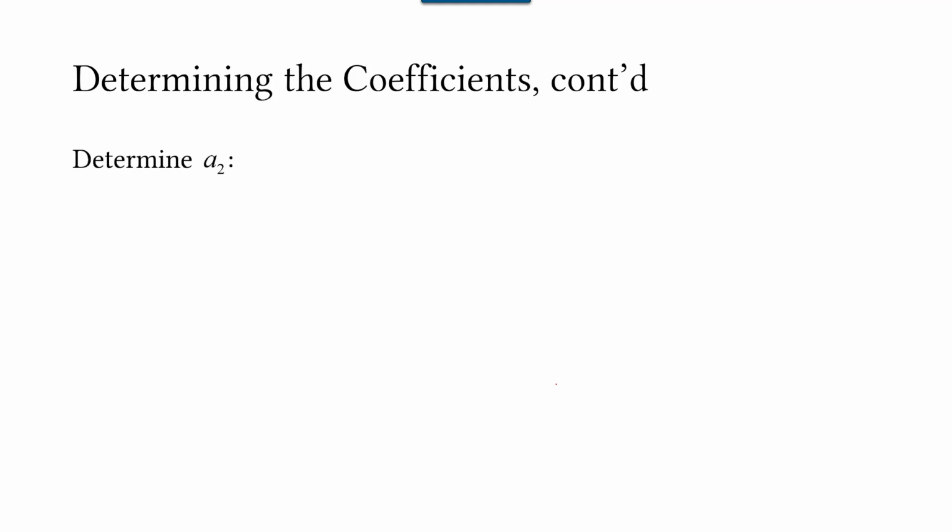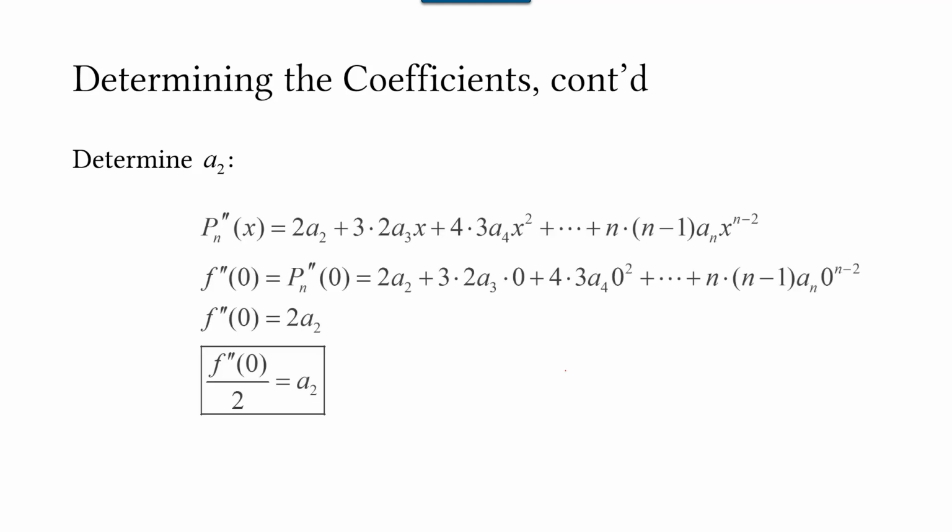So to determine a2, we would have to take the second derivative of our polynomial, plug in 0, and that has to equal f double prime of 0. So here's that work. The second derivative of our polynomial, from the 2a2x term, I just get 2a2. And then from the 3a3x squared, the 2 would come down, I get 3 times 2 times a3 times x, and so on.